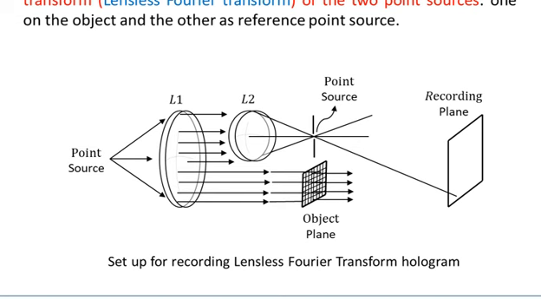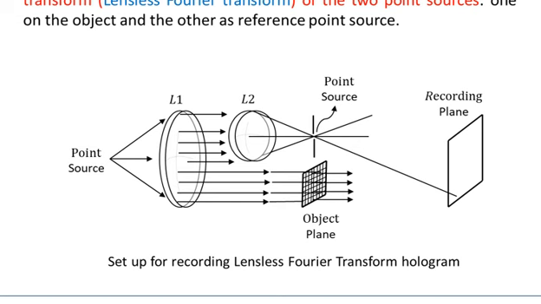And you know that each point of the object acts as a point source, so there will be an interference between the reference beam generated from the point source after the lens L2 and the point source at the object plane. A point source at the object plane will also generate a spherically diverging wavefront towards the recording plane.